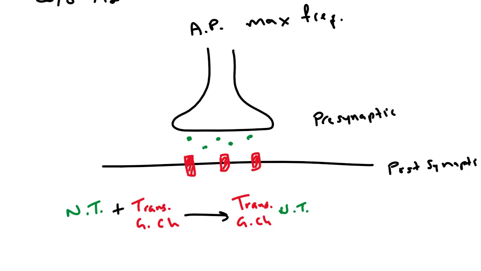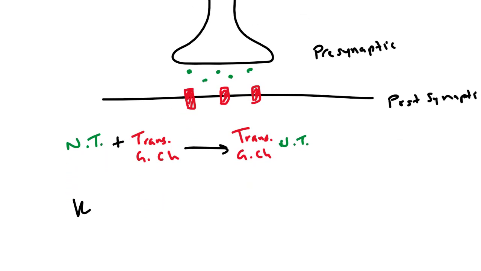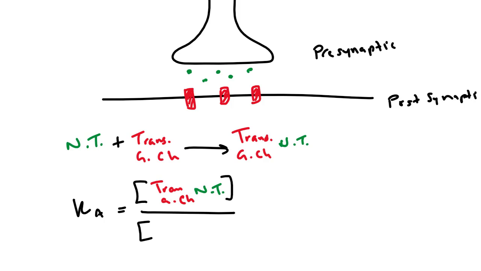Now, of course, this interaction has a Ka. So Ka of this would be the concentration of transmitter-gated channels bound to neurotransmitter over the concentration of neurotransmitter freely floating in the synaptic cleft and transmitter-gated channels.